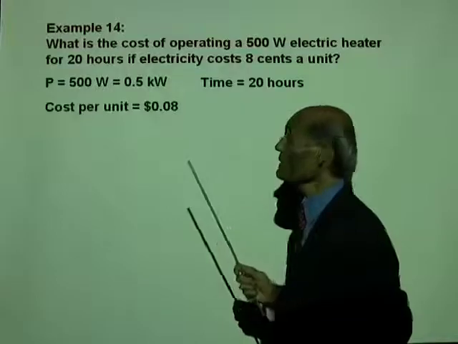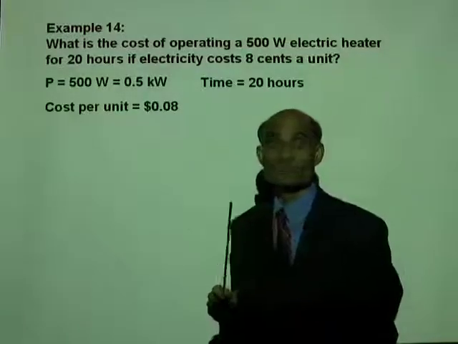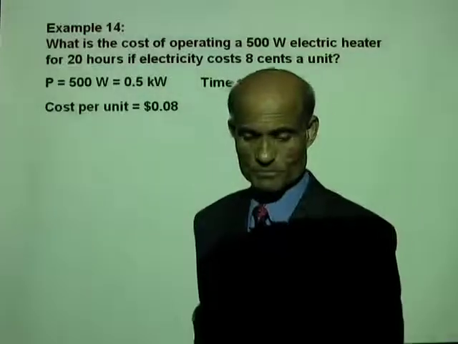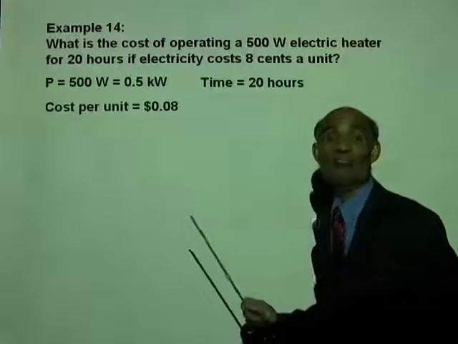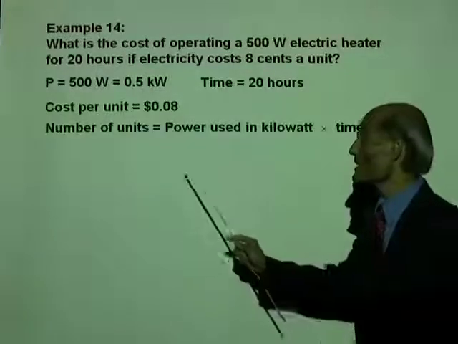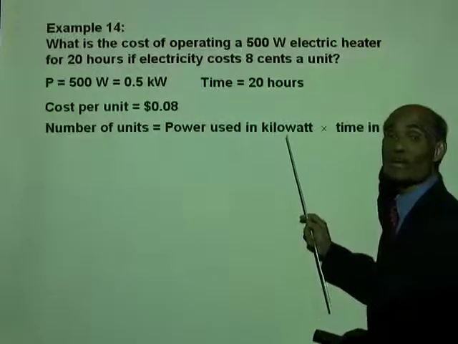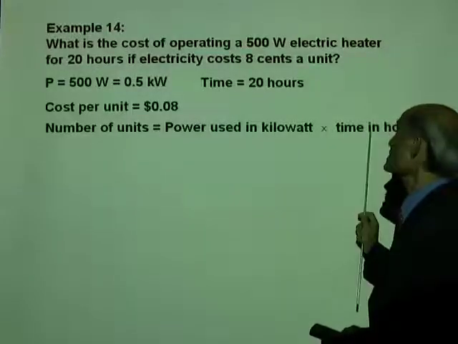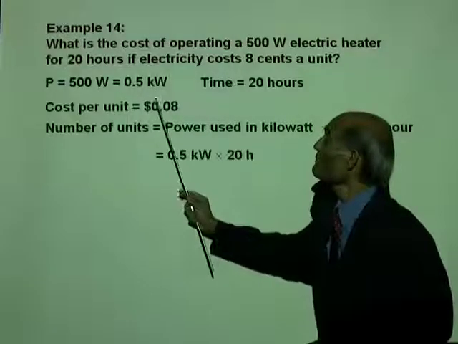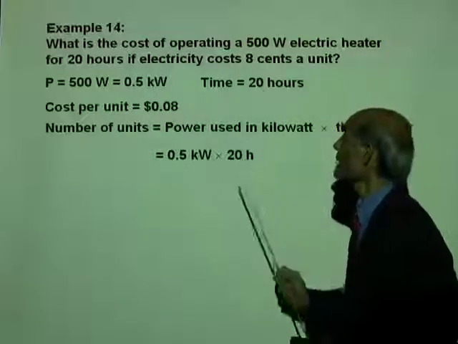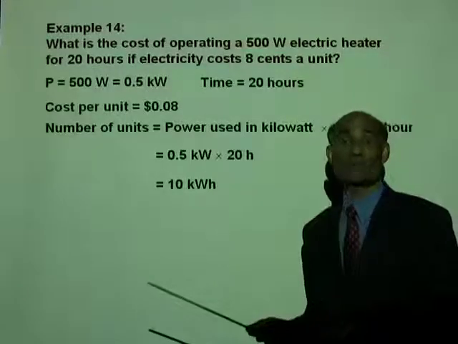Therefore, how many kilowatt hour are consumed in here? The number of units equal to power used in kilowatt multiplied by the time in hour. So that will be 0.5 kilowatt multiplied by 20 hour, that is 10 kilowatt hour.